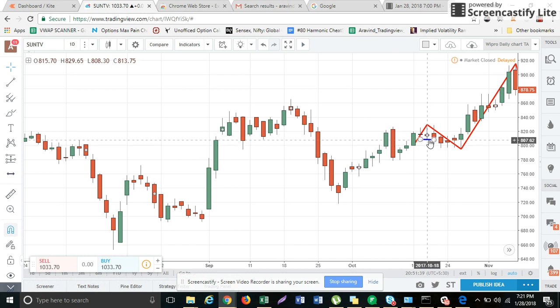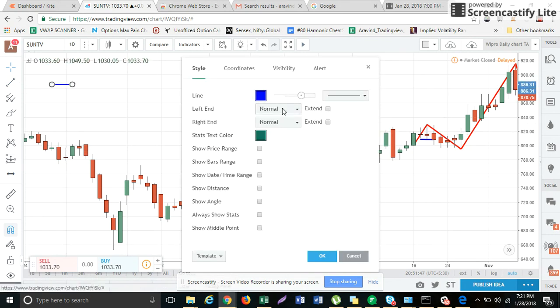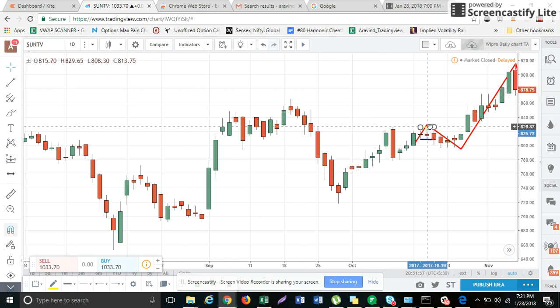So our entry will be 808.3, and I'm updating the stop loss in yellow color so that it will not make any confusion. The candle high, our stop loss, is 828.3.